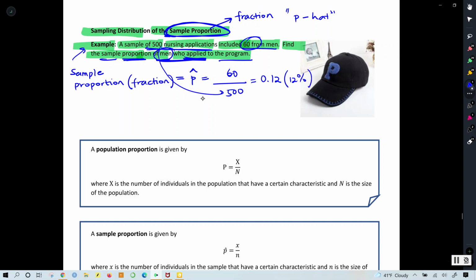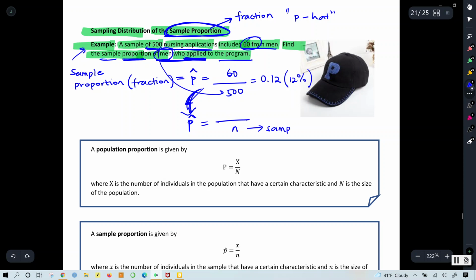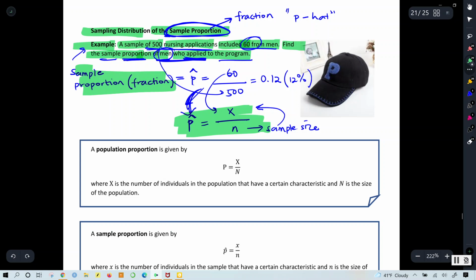Take note that there is a general formula we can derive from here. That is, the general impression here is that the sample proportion is out of the sample size, the total sample, how many satisfy that characteristic that they are men who apply to the program. That will be X. This particular formula is called the formula for the sample proportion P hat.